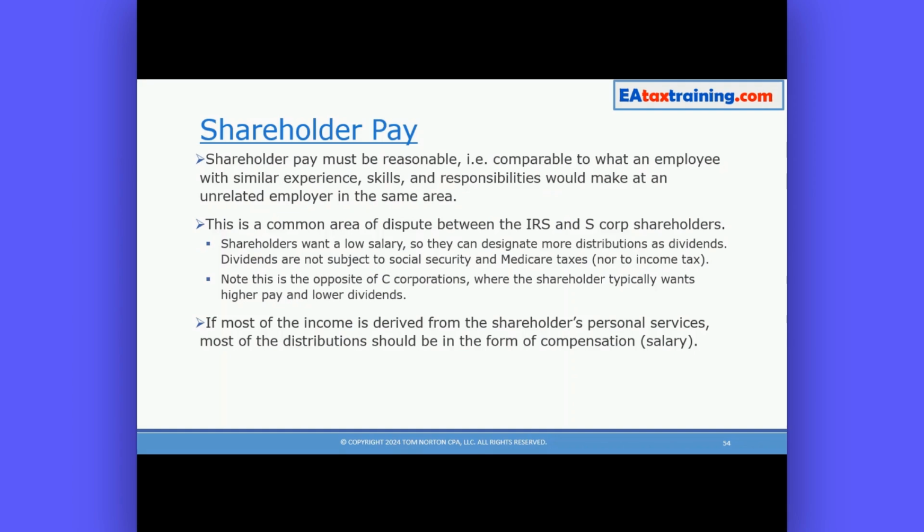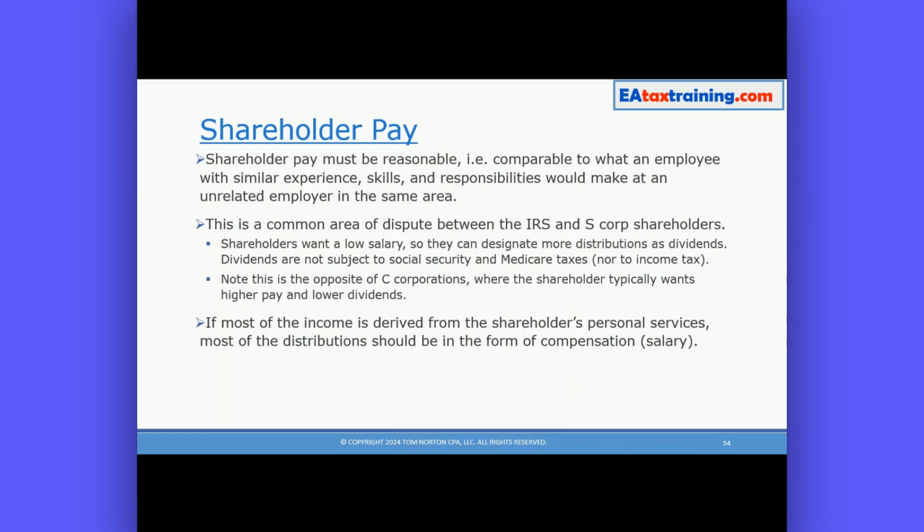In an S corp, as opposed to a C corp, the shareholders want a low salary so they can designate more of their distributions as dividends, because dividends are not subject to Social Security and Medicare taxes. Remember that 15.3%. If you've got a dividend in an S corp, it's not taxable. Remember, we just went through that.